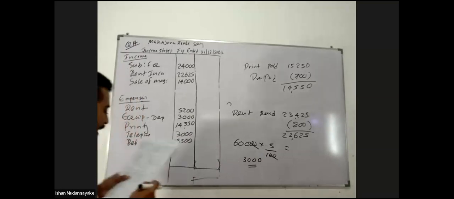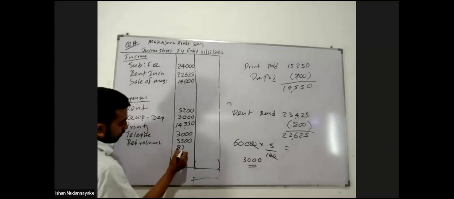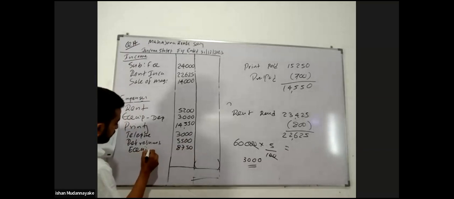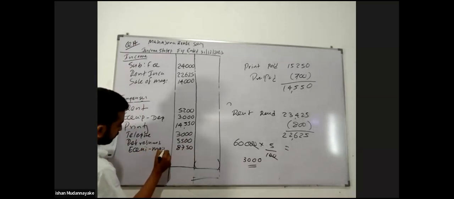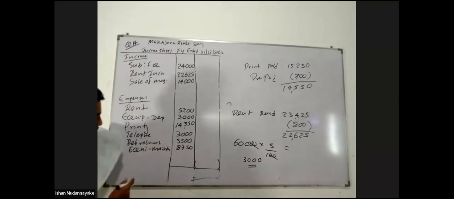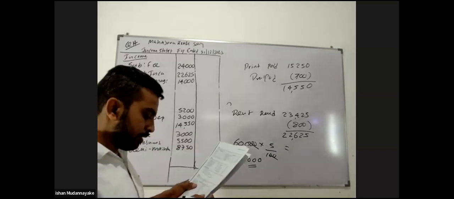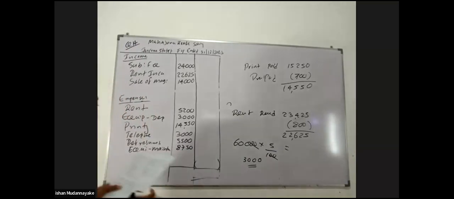Equipment maintenance 8,750. Stationery 875.